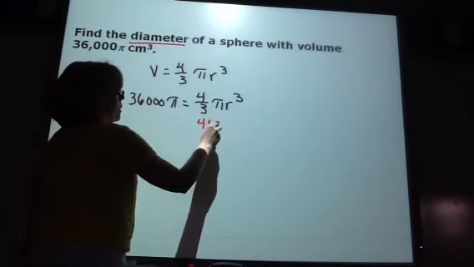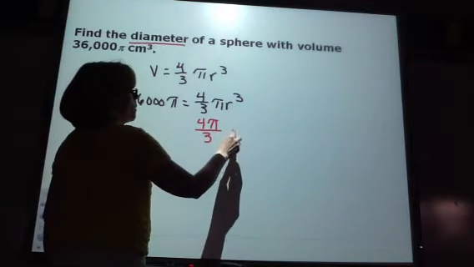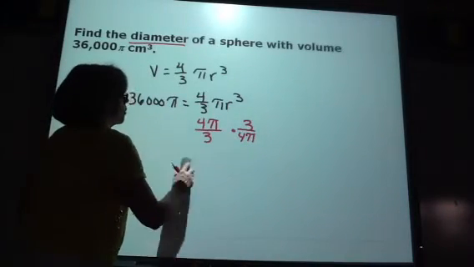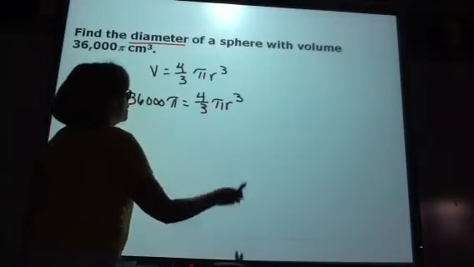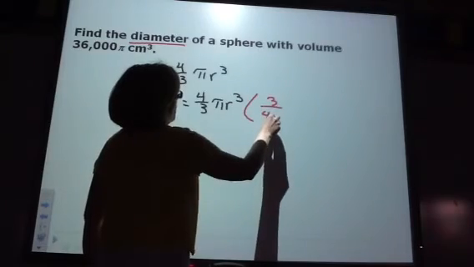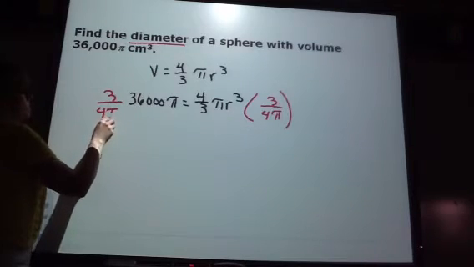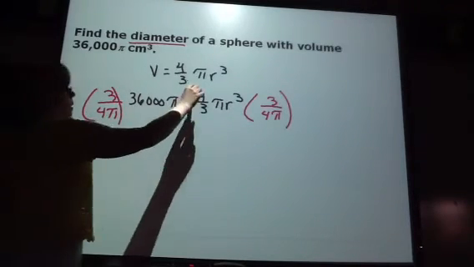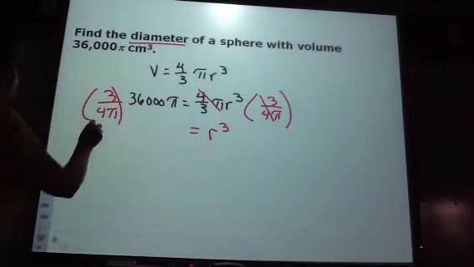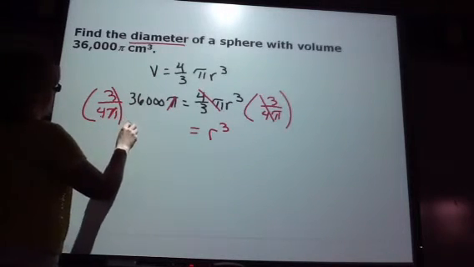We multiply by the reciprocal, which would be 3 over 4 pi, and we do the same on the other side. So this cancels out, and we have r cubed. Over here, your pi cancels out. So what is that going to be?